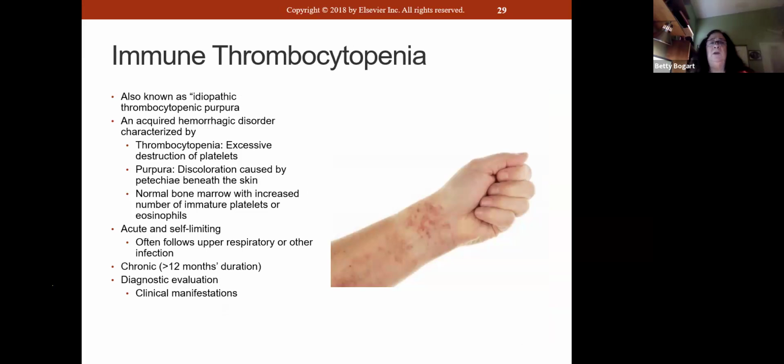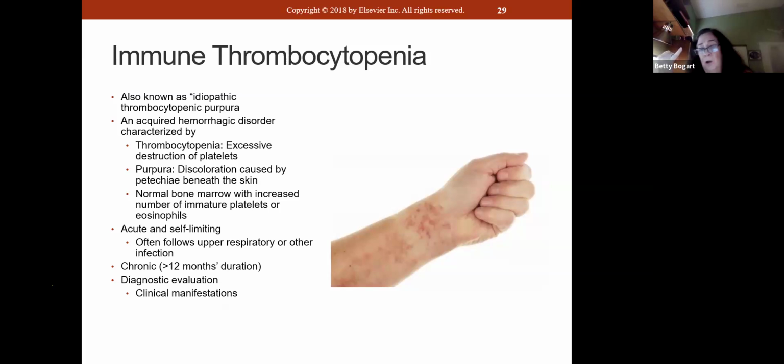So ITP, immune thrombocytopenic purpura, ITP. P for platelets, purpura, platelets. This is bleeding because of decreased platelets. Platelets, what do you see? Well, you need platelets to make bleeding stop, so what are you going to see?